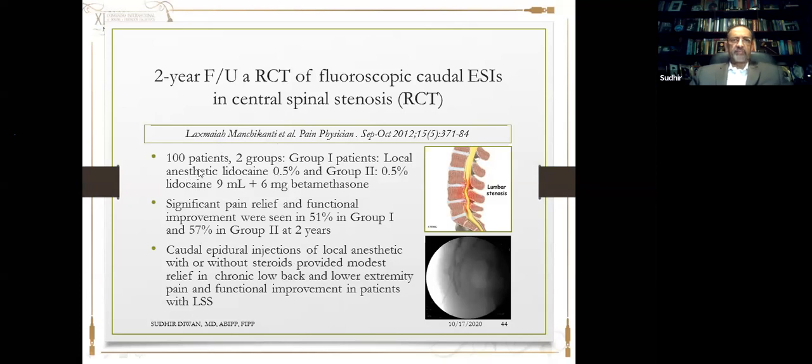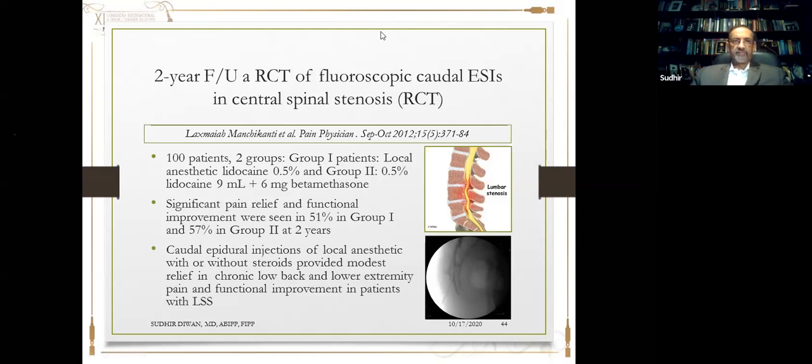In this study of 100 patients, two groups: group one with local anesthetic alone, 100% lidocaine, and group two, lidocaine plus 6 milligrams of betamethasone. There was significant relief and functional improvement in both. So in other words, if local anesthetic gives you the same pain relief, what is the need for using steroids? There is a group of physicians who believe that we really don't need to use steroids for our procedures.